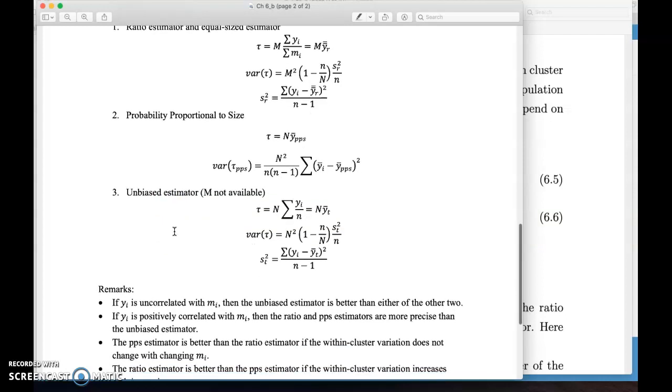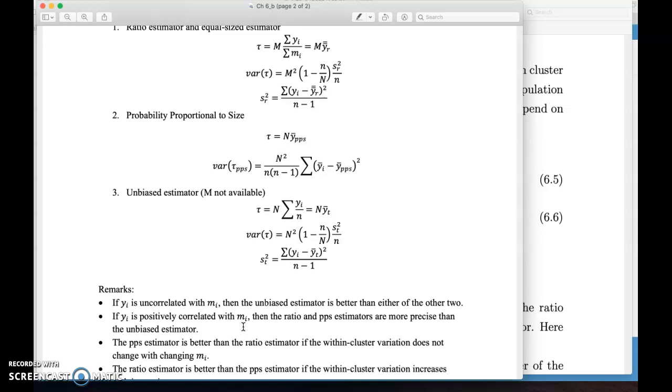If yi is positively correlated with mi, so if yi, the data that we're interested in, goes up together with the size of the cluster, then we can use the ratio or the probability proportional to size estimator, because under these two estimators mi, the size of the cluster, matters. It adds to the variance calculated for cluster sampling.